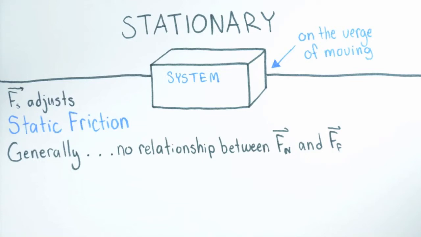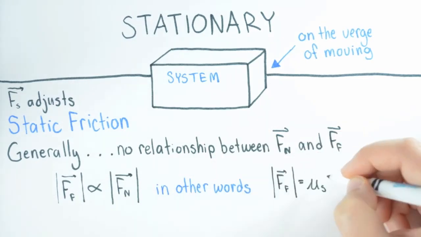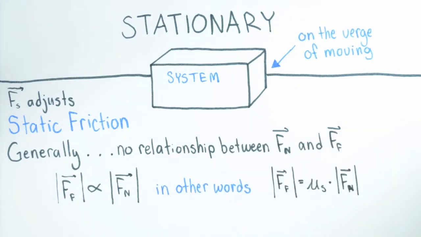Then, and only then, we can use another model that is approximately true in a number of cases where the magnitude of the static friction is proportional to the magnitude of the normal force. Or in other words, the magnitude of the static friction is equal to a constant, which we call mu sub s, times the magnitude of the normal force.